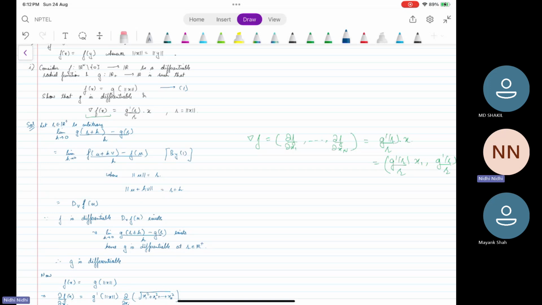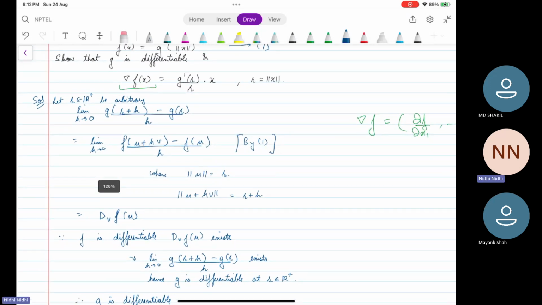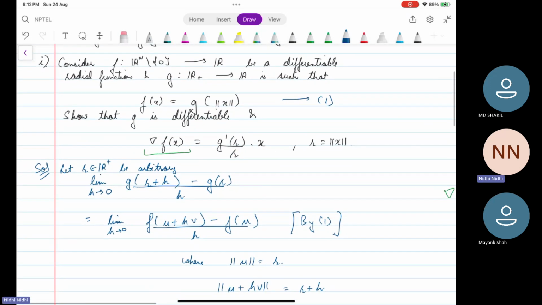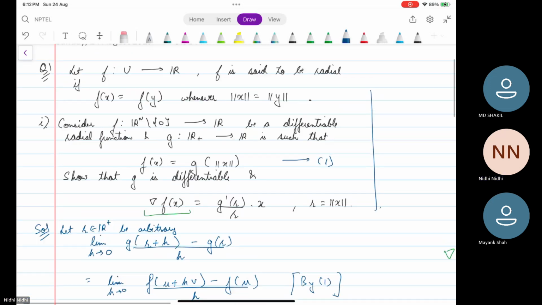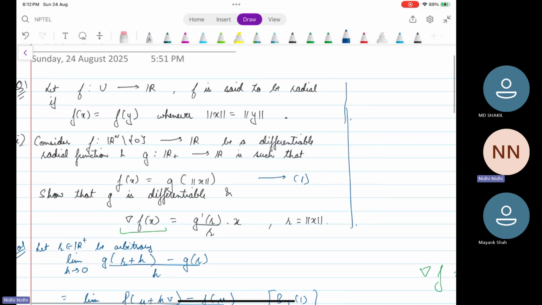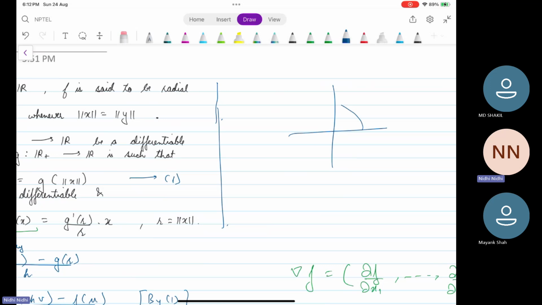You want me to explain the first part from the beginning? So basically we started by showing that this function g is differentiable. G is nothing but a real valued function. When we have a radial function, we know that on a circle, which is basically norm x equal to some constant, the value of the function remains the same.